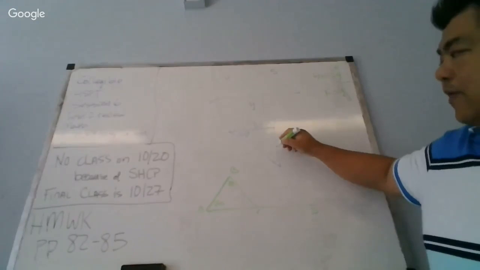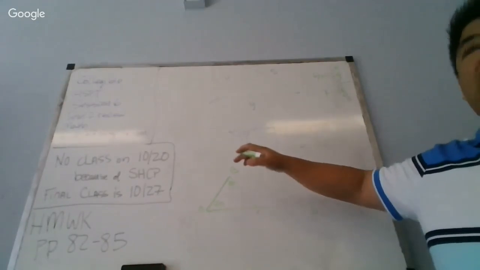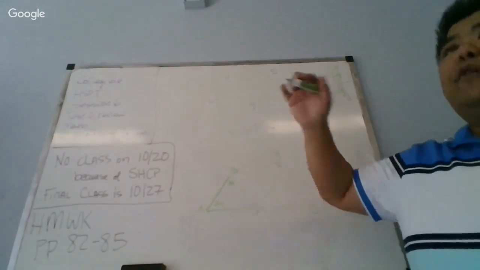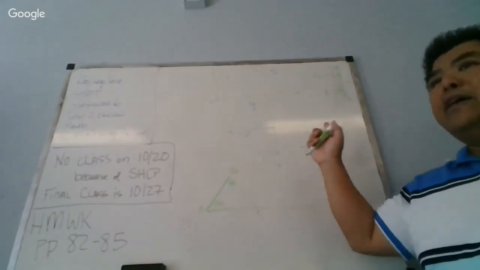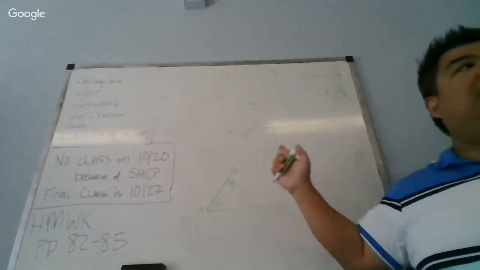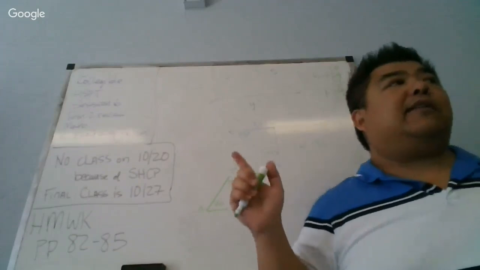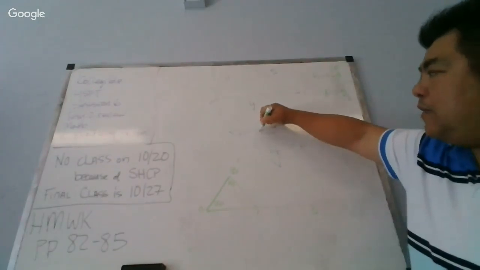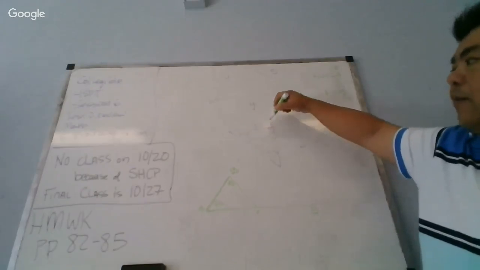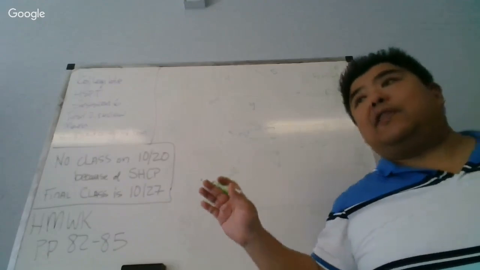This has got to be 45 down here, because if you took 90 away from 180, you got 90, divide that by 2, that's 45, 45, 90. This is called a special triangle, guys. This is called the right isosceles triangle, also known as a 45, 45, 90. When you have an isosceles triangle, remember me drawing those lines. If this is 30, this is 30 also. That's why I drew those lines.